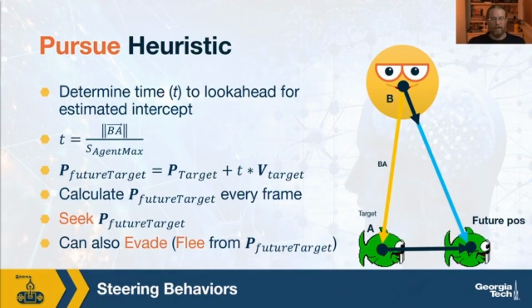So that would be future position is equal to current position plus time times velocity. What that will give us is an updated future estimated position of our target. And that's what we're going to aim at with seek. So it's a very, very straightforward calculation. And again, of course, this is being calculated every single frame.